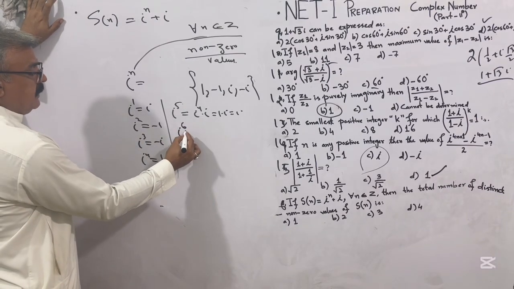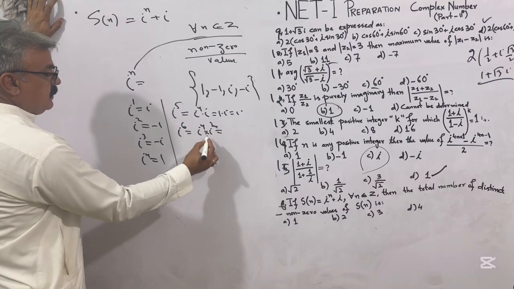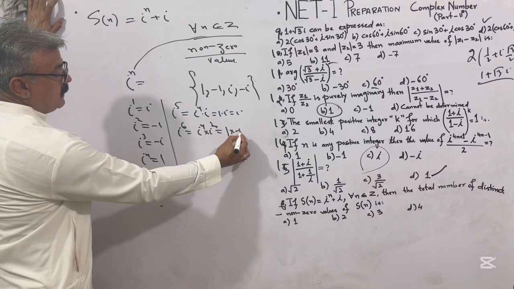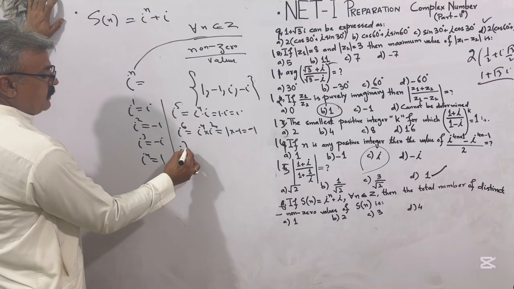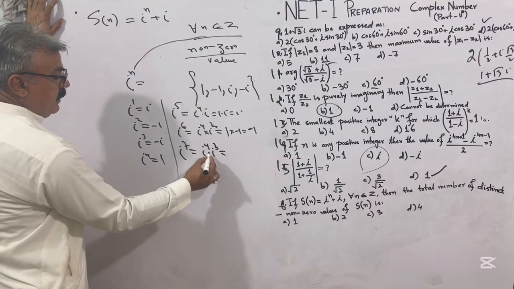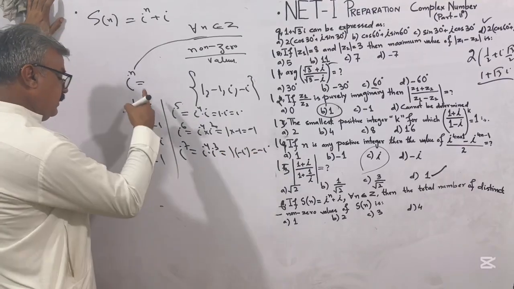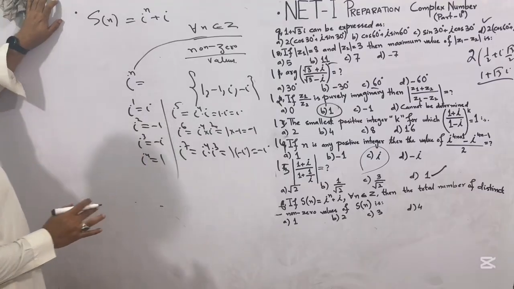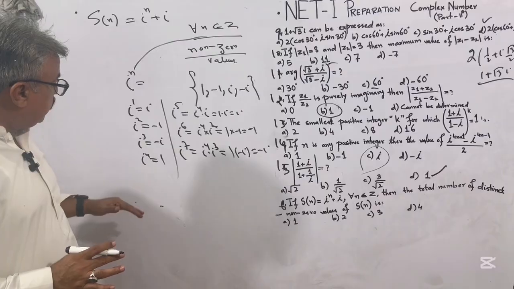Iota power 6 means iota 4 times iota square; iota 4 means 1, iota square means minus 1, it will become minus 1. Iota power 7, one can write iota power 4 times iota cube; iota 4 means 1, iota cube means minus iota, it will become minus iota. The values are repeating.